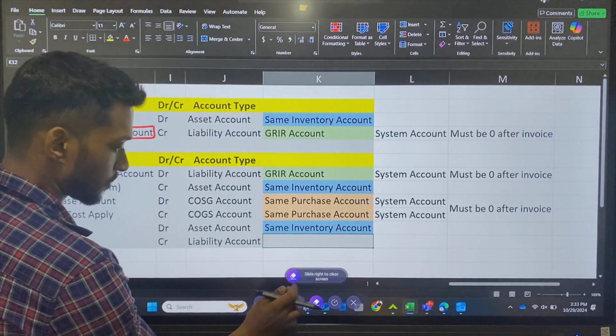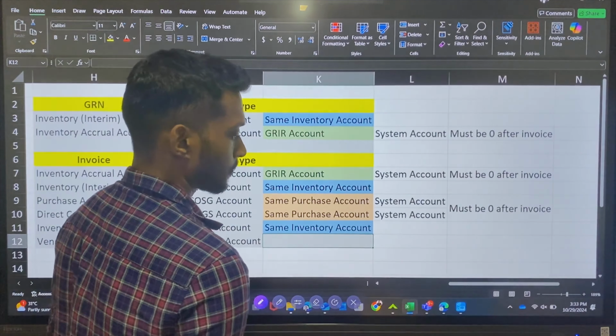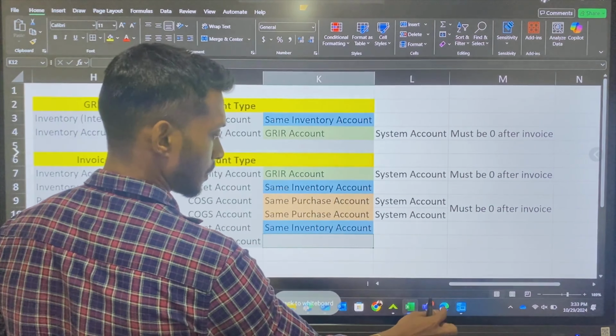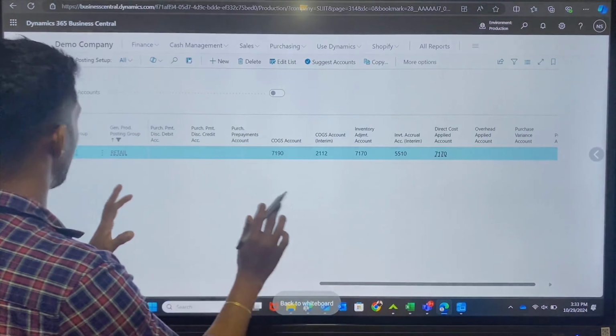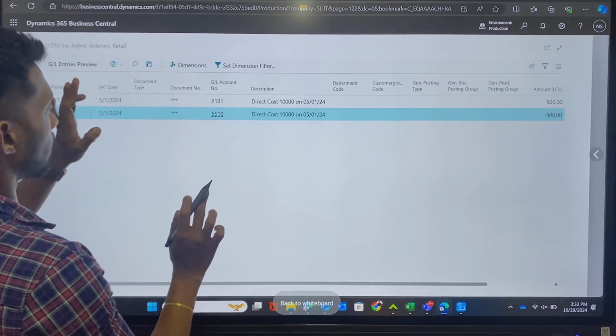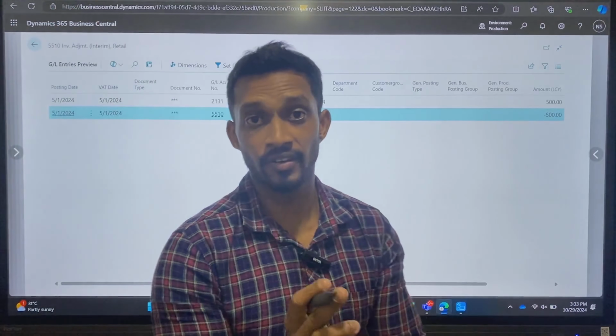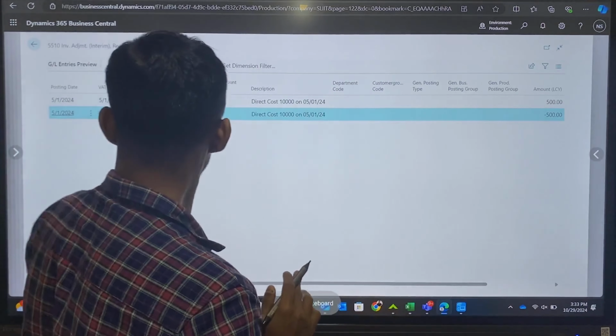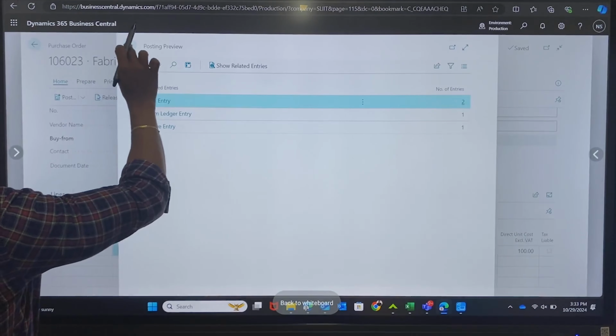Let's go to the system again. Here, this is how we have to set up double entries at the GRN point. Still, we haven't posted. Let's post this.